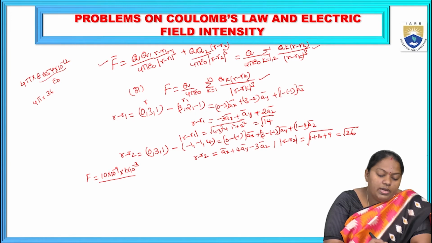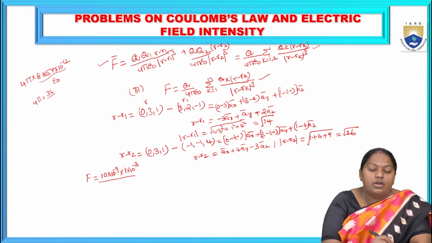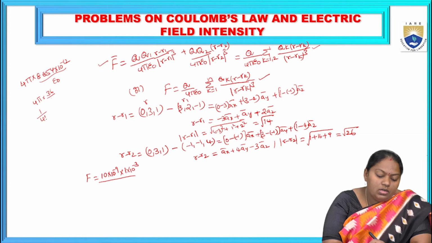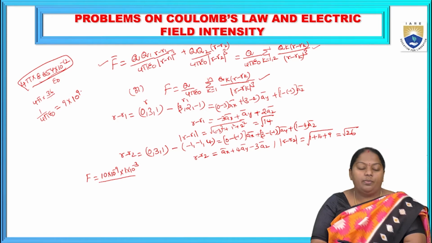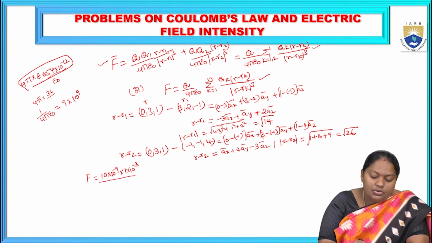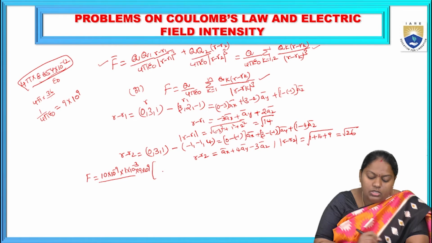Instead of considering only the epsilon naught value as 8.854 into 10 power minus 12, if we find the 1 by 4 pi epsilon naught value and substitute the complete thing, its value is approximately equal to 9 into 10 power 9. Right? So substitute in place of 1 by 4 pi epsilon naught this value, 9 into 10 power 9, into. Right?